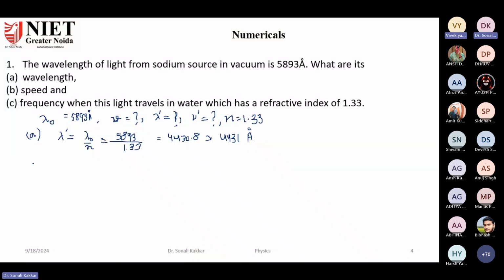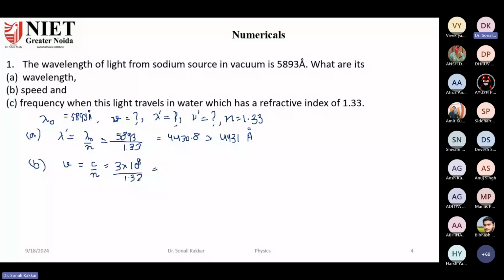The second part is to calculate the speed of light in the medium. So v is equal to c by refractive index. c is the velocity of light in vacuum, equal to the constant 3 into 10 raised to power 8 meter per second, divided by refractive index 1.33.